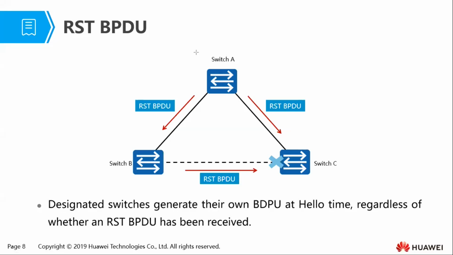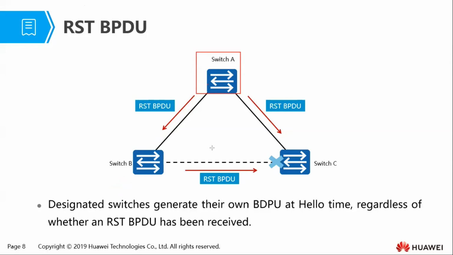So what does that mean? Let's assume that switch A here is the root bridge. So in STP, this guy has to send to this guy, then this guy will generate another one and send downwards.